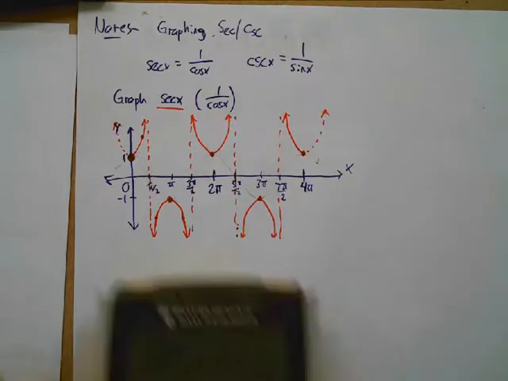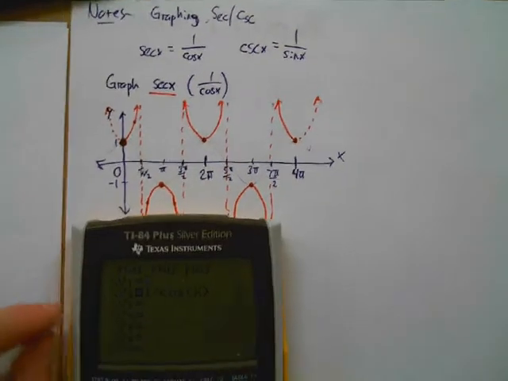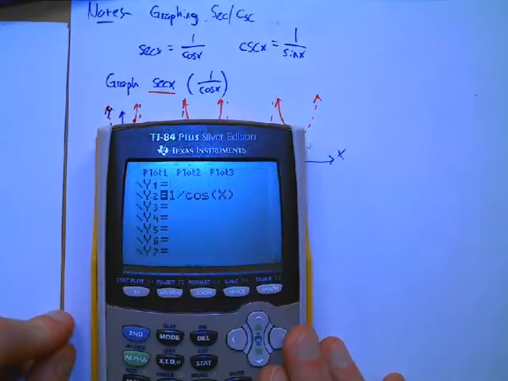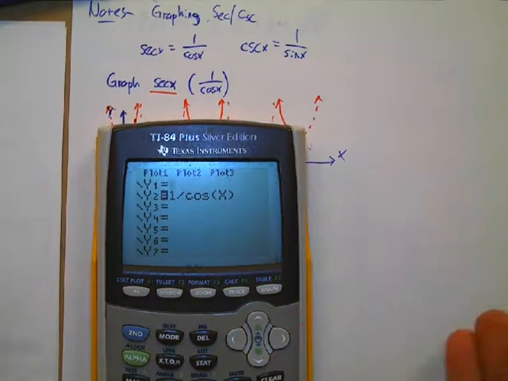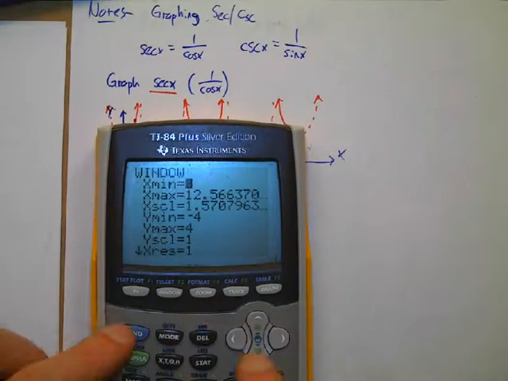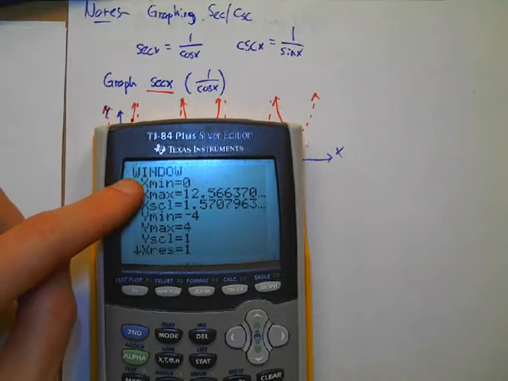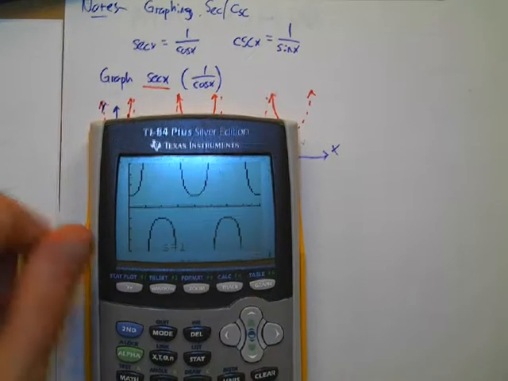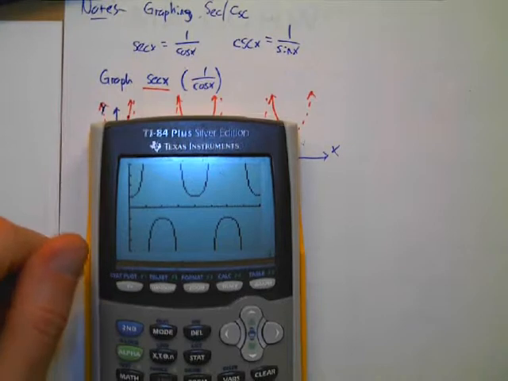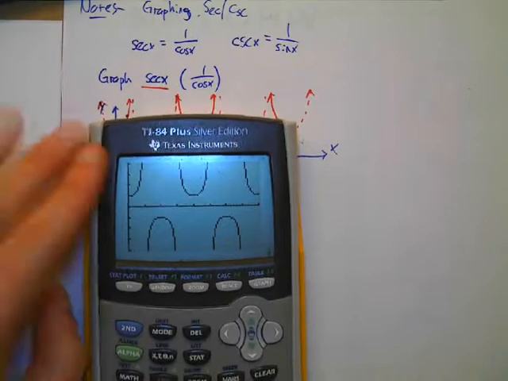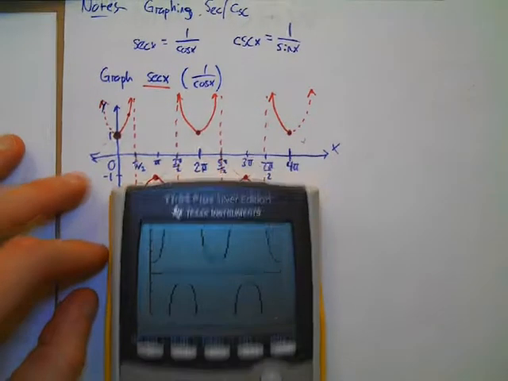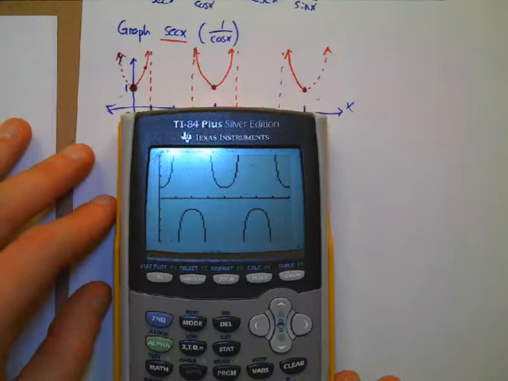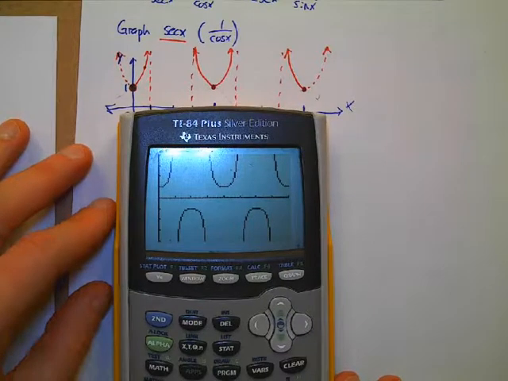On my window, I'm going to graph from 0 to 4 pi. And there it is. You can see the exact same graph that we've got right there. I don't think they're quite parabolic, but they're kind of close. They're close in shape to a parabola. I don't think they're the exact same thing. Close enough, right? Okay.